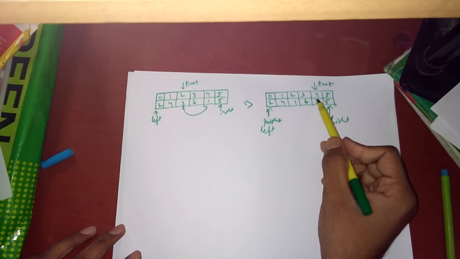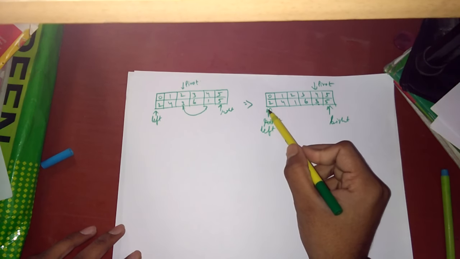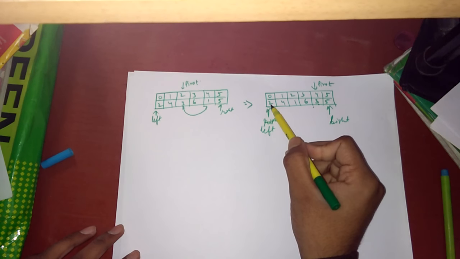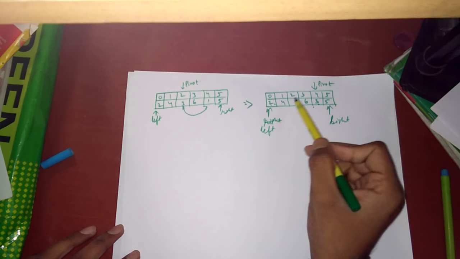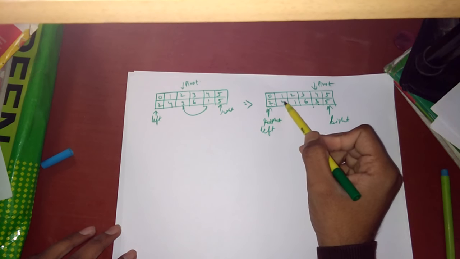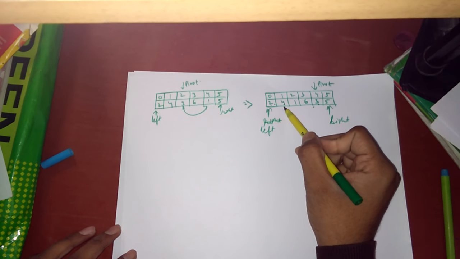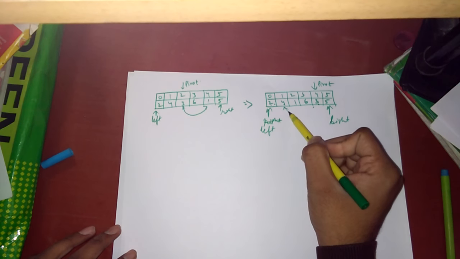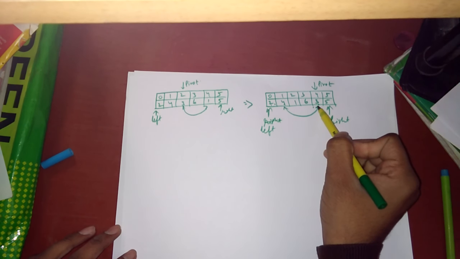Now the pivot has shifted towards the right, so we will start comparing from the left. 2 is smaller than the pivot, yeah right. 4 is not smaller than the pivot, so it will be swapped.